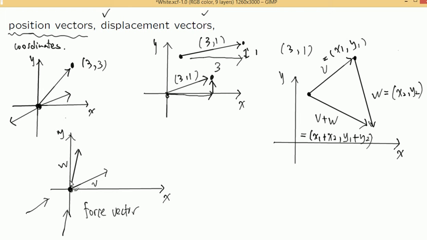The length is how hard the force is, the magnitude of force applied there. So if they collide at that moment, how much of the force is actually totaled up? That's a natural way of interpreting adding these two vectors v and w, rather than as position vectors. All right?